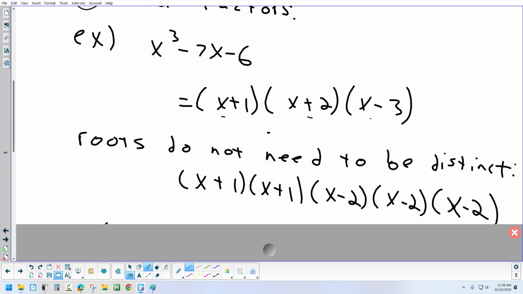But it only has 2 answers: -1, +2. But technically it's -1, -1, +2, +2, +2. It is 5 answers. It's just there are repeats. So repeats are allowed.